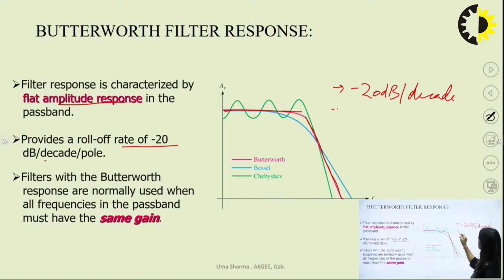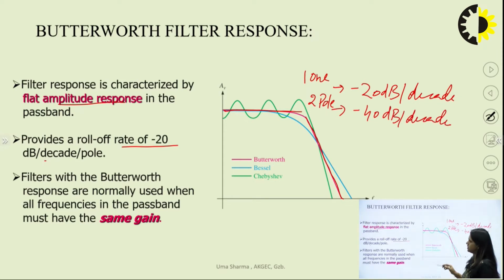When we talk about two poles, the roll-off should be 40 dB per decade, and so on. Let's say this is for first order, so the gain roll-off is 20 dB per decade.